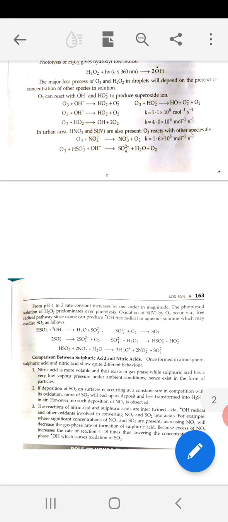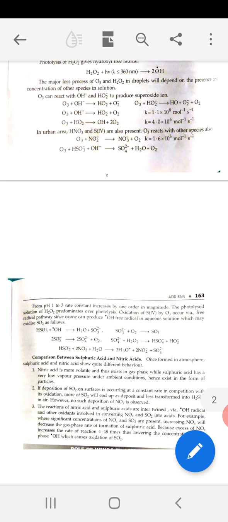Second, if deposition of sulfur dioxide on surfaces is occurring at a constant rate, in competition with its oxidation, more of the sulfur dioxide will end up as deposit and less will be transformed into sulfuric acid in air. However, no such deposition of NOx is observed.